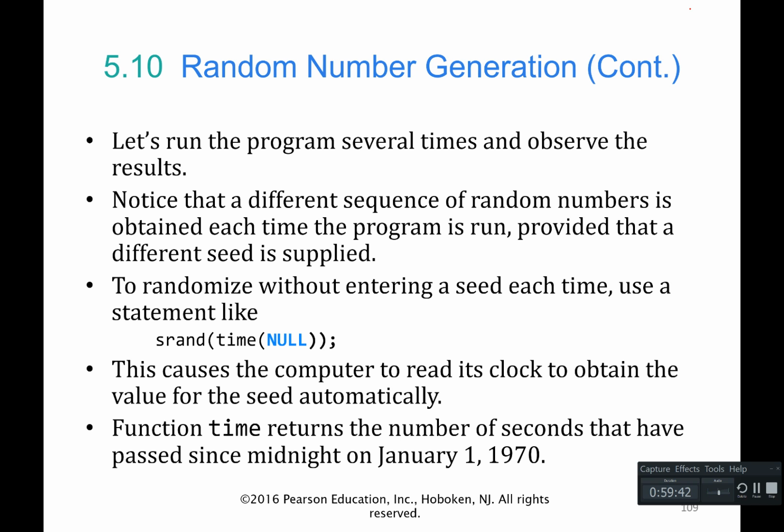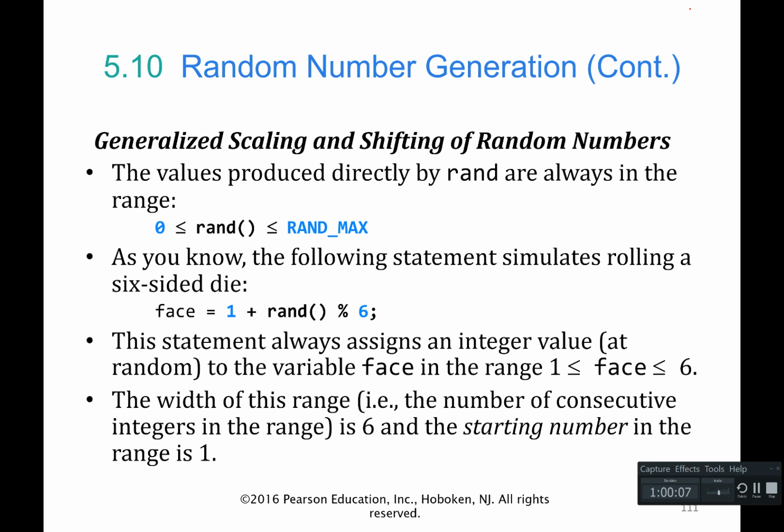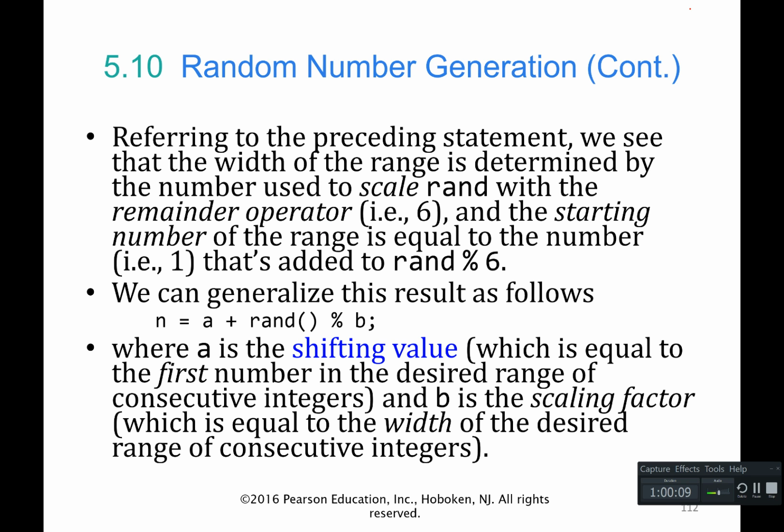That produces the number of seconds that have passed since midnight, January 1, 1970. So it's a semi-random number, different every time we run the program. Normally we would just stick that line in our program.